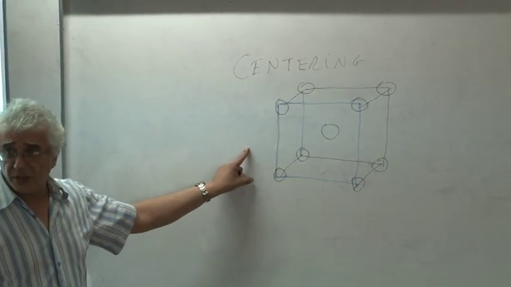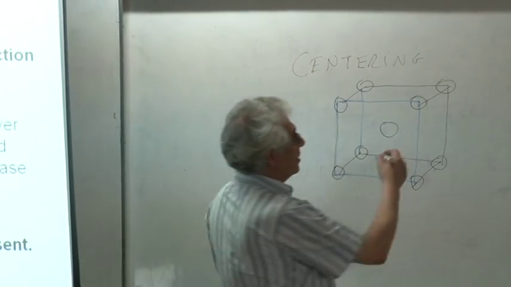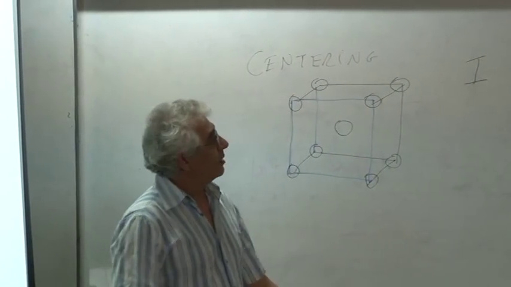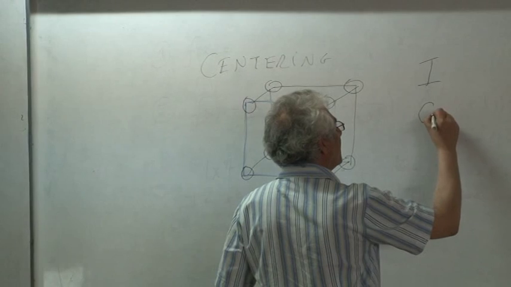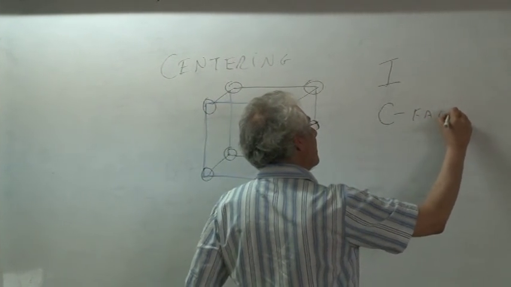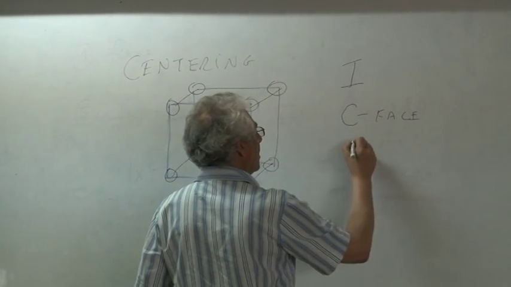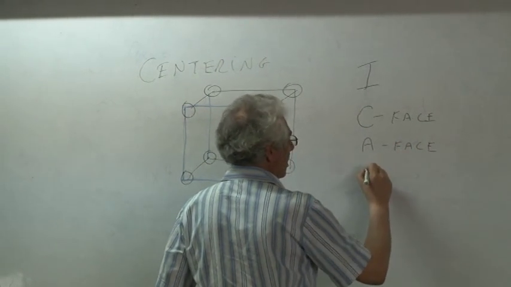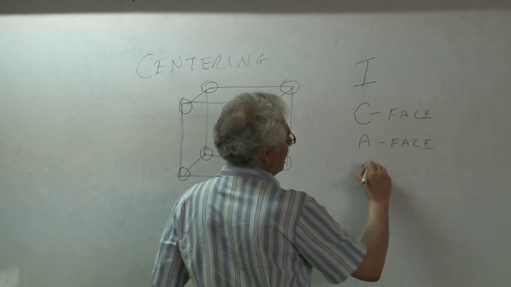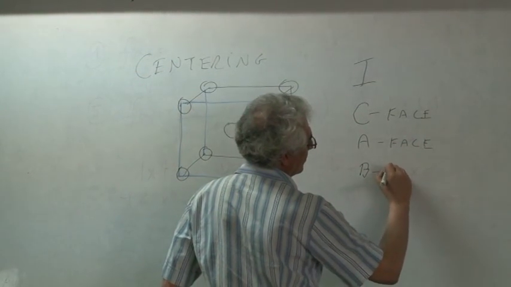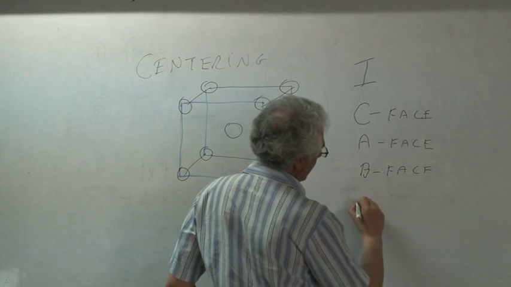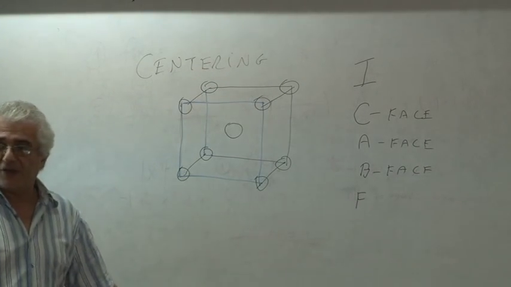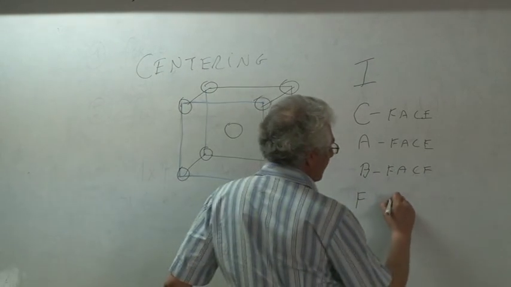And there are lots of different types of centering. This one is body-centered, it's given the symbol I, but there's also C face-centered, A face-centered, B face-centered, and F centering, which means there's an extra lattice point on every face.